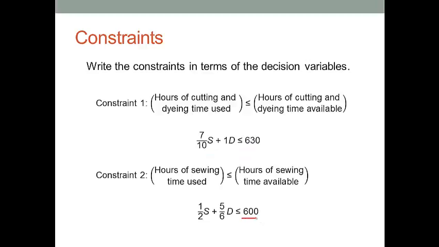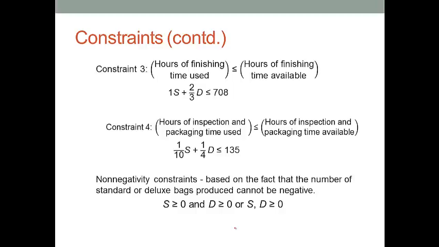In the sewing department, the total available labor hours is 600. It takes the department 0.5 hours to process one standard bag, about 0.8 hours to process one deluxe bag. If we want to manufacture this many standard bags and this many deluxe bags, the total hours combined must be less than or equal to 600.